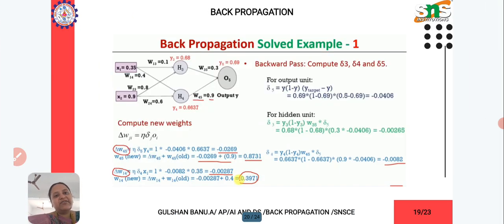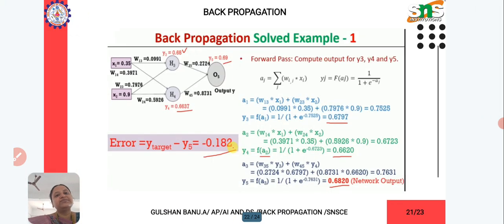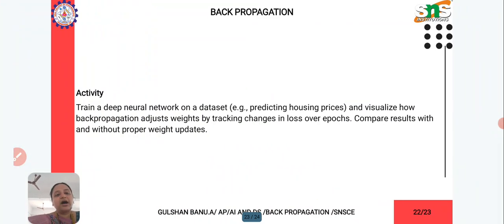For each and every process you have to calculate it, that is w_45, the weight of 4,5, and the weight of 1,4, and based on these values you calculate the updated value of each. This is how the actual backpropagation is executed in the process.